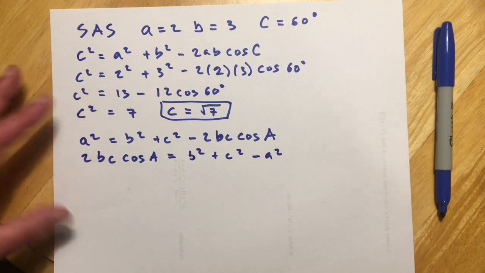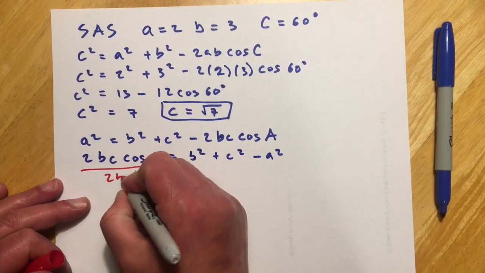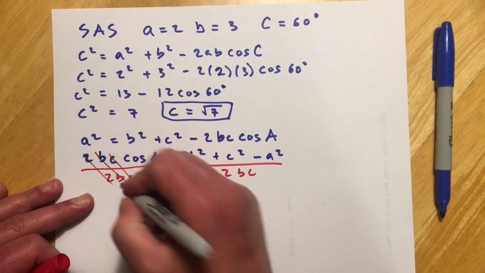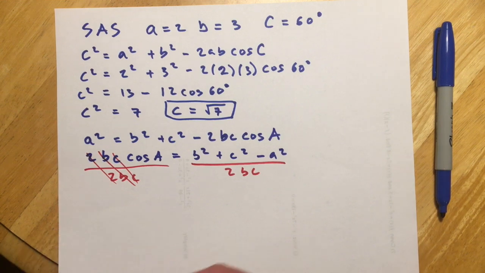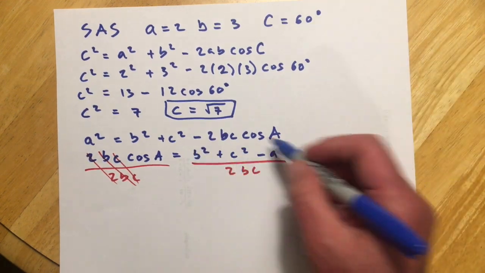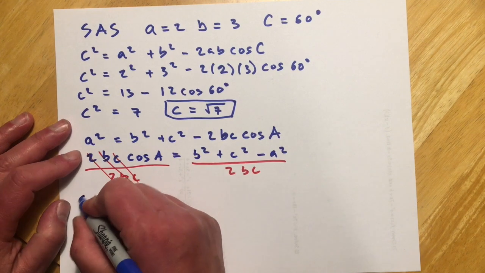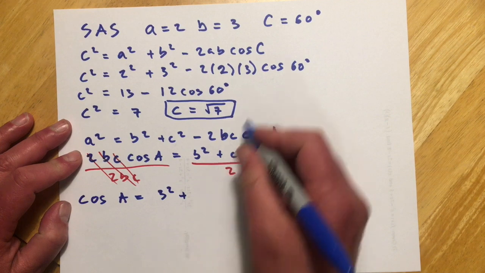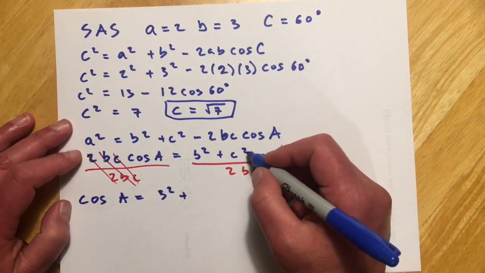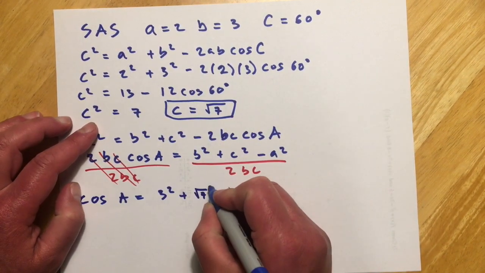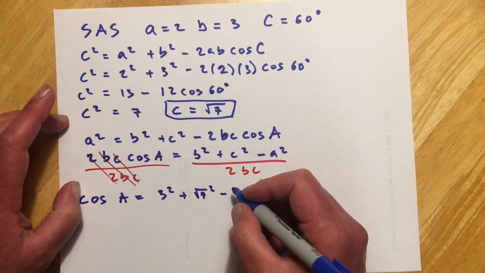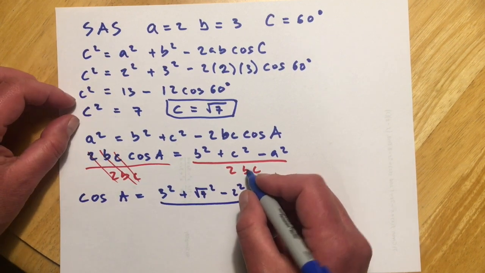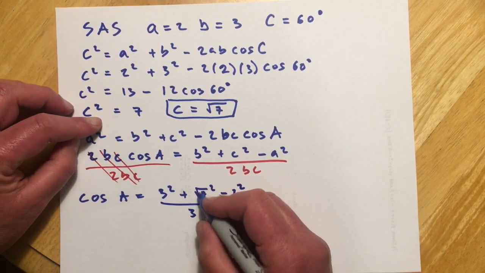Then I'll divide both sides by 2bc, and that gives me cosine a. Now I can plug in all my a's, b's, and c's. b was 3, c is root 7 to be consistent, and a was 2, over bc, which is 3 times root 7.